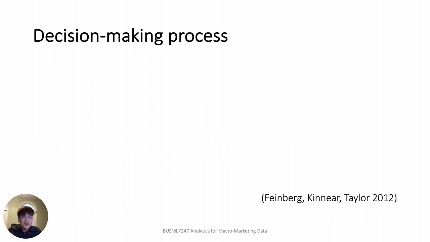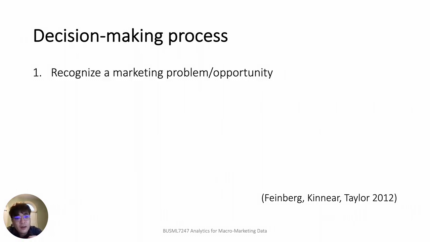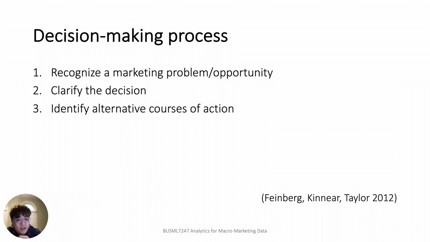In detail, a decision is generally made through the following steps. First, managers recognize what is a problem to solve or an opportunity to take. Second, managers clarify what to decide. And third, managers identify which actions are available.